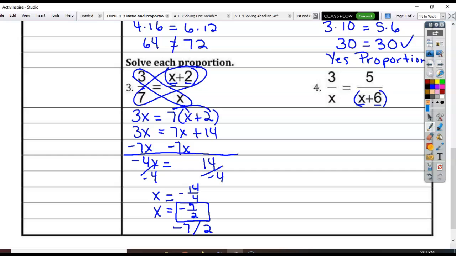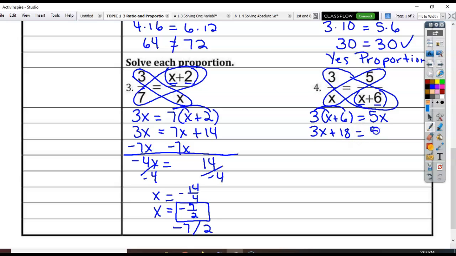Come over here to number 4. Let's cross multiply. So I get 3 times x plus 6 is equal to x times 5. X times 5 is 5x. Okay, use the distributive property, so you get 3x plus 18 is equal to 5x. Letters to the left, move my 5x over. You get a negative 2x plus 18 equals 0.